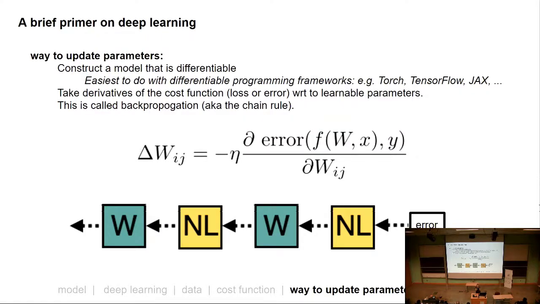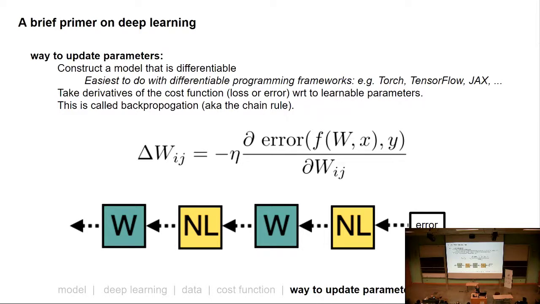And this is the big insight for deep learning: you construct a model that is differentiable, meaning literally you are able to take derivatives of your model with respect to every parameter in your network. So you're able to attribute blame, saying this parameter is the reason why my loss is higher, or this parameter needs to go up or down. And so the easiest way to articulate something that's differentiable is to use a framework called differentiable programming.